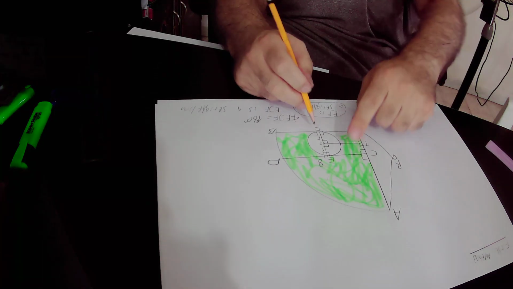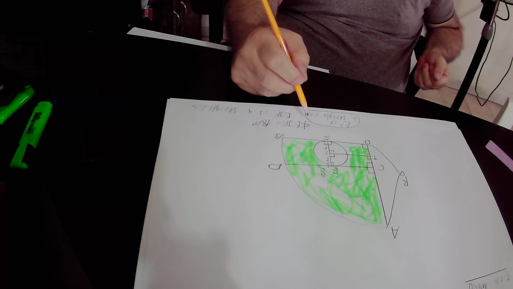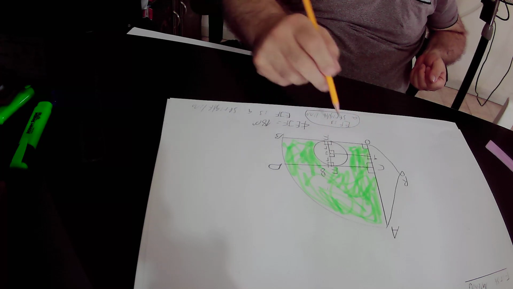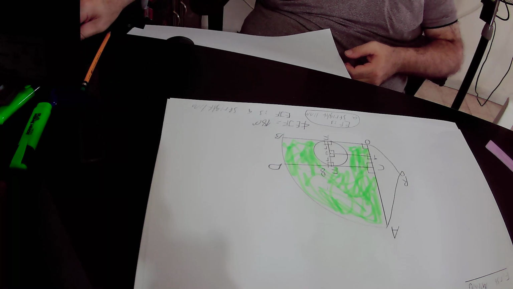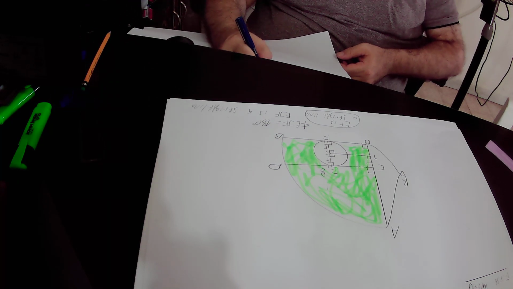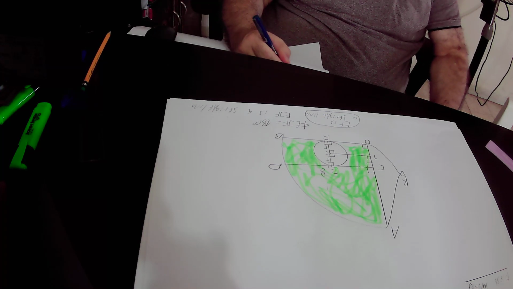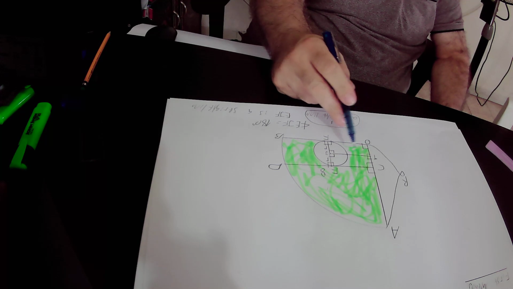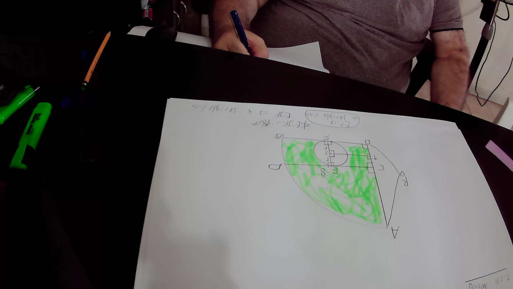So if EF is a straight line, it means that quadrilateral CEOF has 4 right angles, and therefore quadrilateral CEOF is a rectangle.